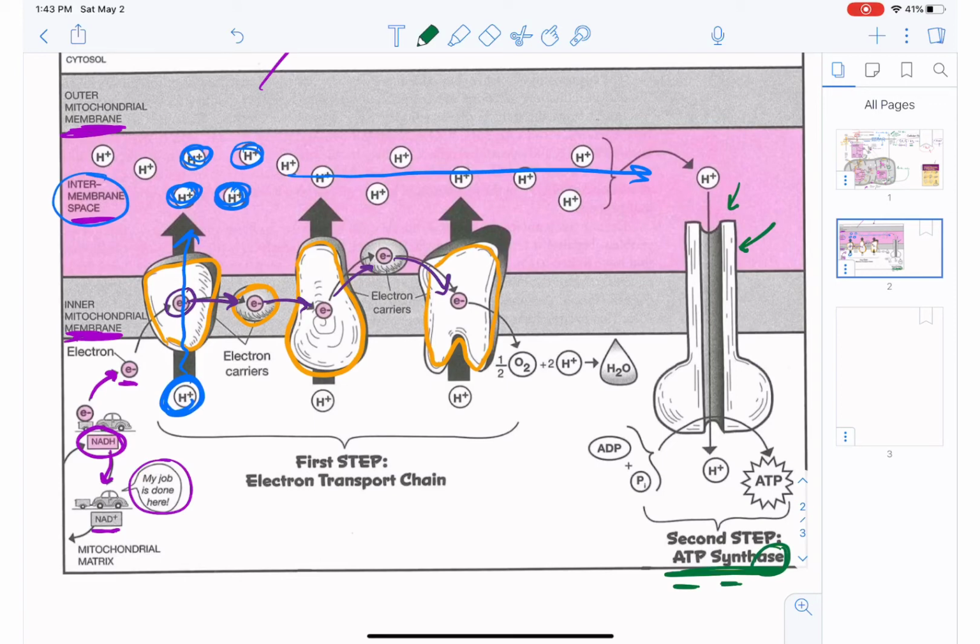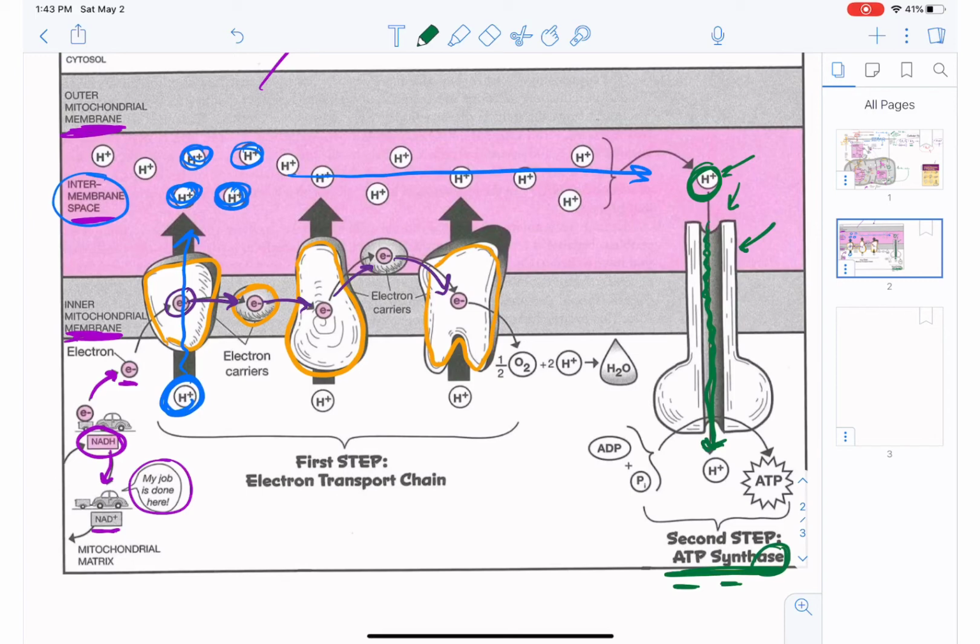And that's going to allow hydrogen to move from an area of higher concentration down through that channel to an area of lower concentration. And what we're doing by that is we're taking potential energy and we're converting that to kinetic energy. And the kinetic energy of that hydrogen moving through that ATP synthase enzyme gives the ATP synthase enzyme energy.